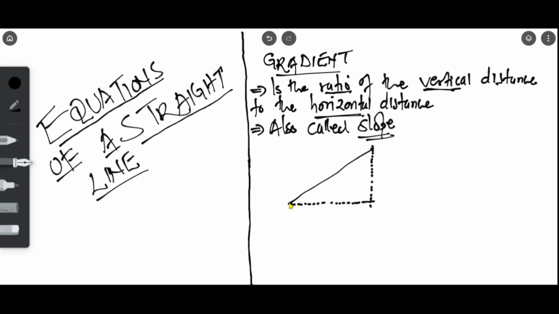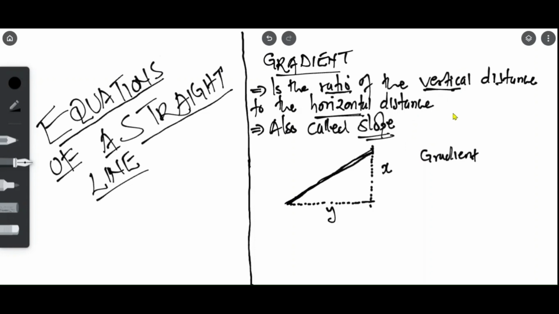So the line that I want to find the gradient is this one. I'll just take the ratio of the vertical distance. So if the vertical distance is maybe x and the horizontal distance is y, therefore gradient is the ratio of these two.